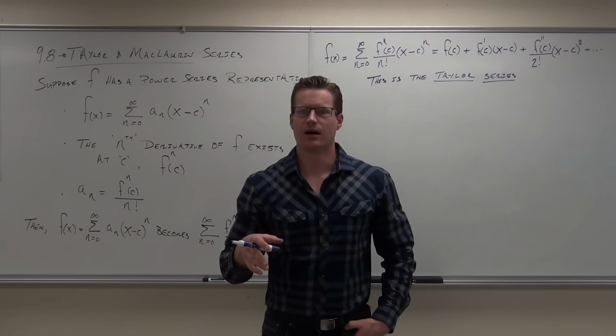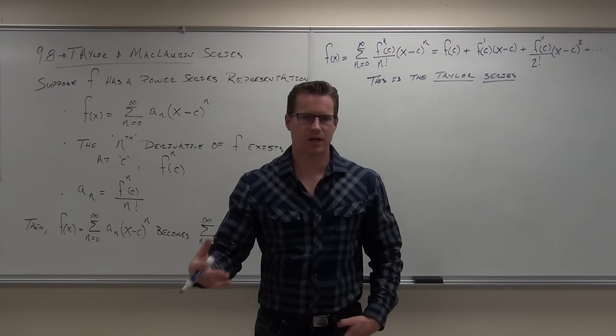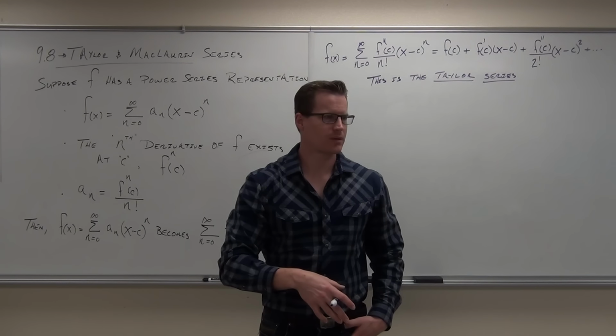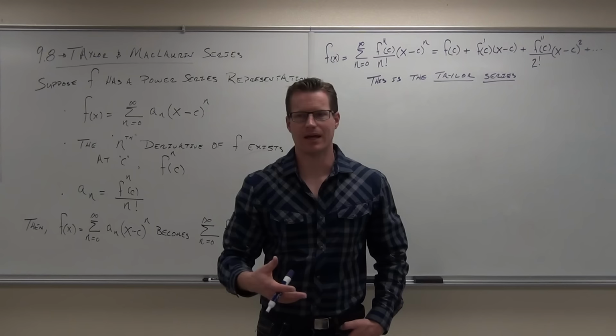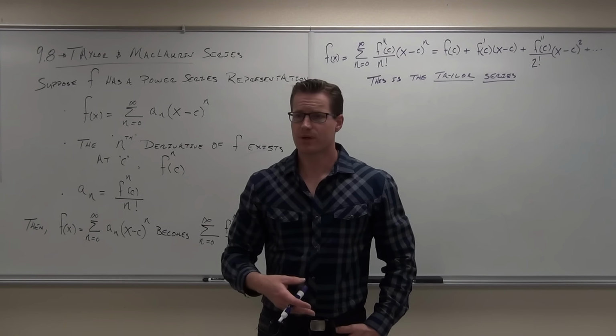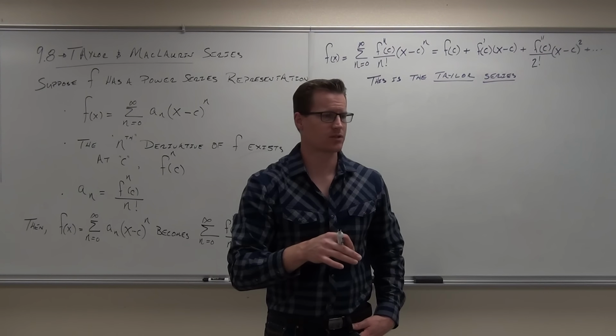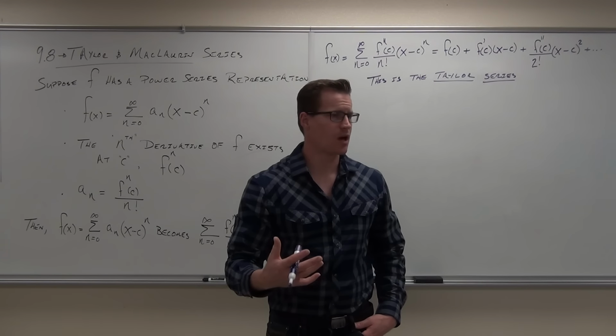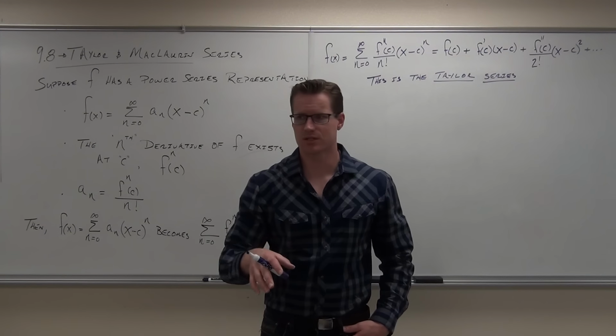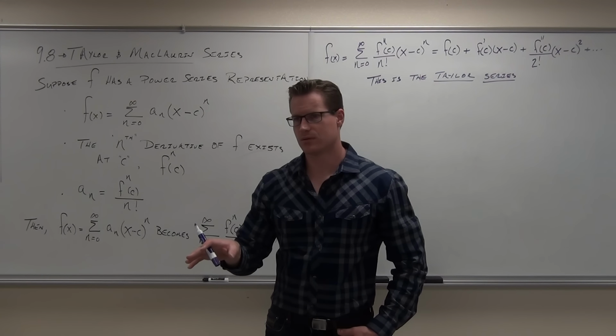Listen, you know how every square is a rectangle, but not every rectangle is a square? It's kind of like that. That's analogous to what we're doing here. Every Maclaurin series is inherently a Taylor series. Every Taylor series is not a Maclaurin series. A Maclaurin series is simply a Taylor series with c equals 0. You with me?